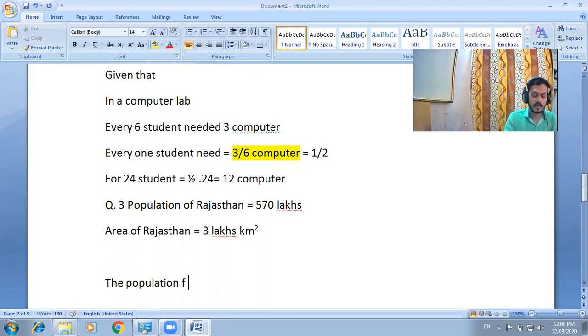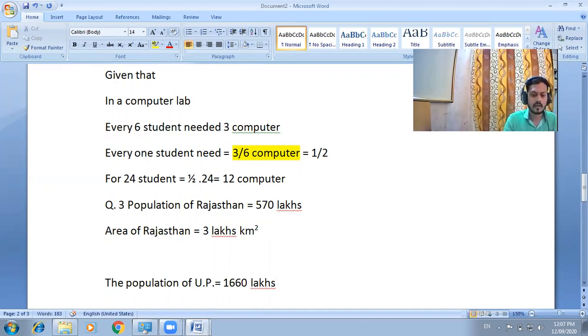Similarly, given the population of UP. Given that in our question, UP equal to 1660 lakh.